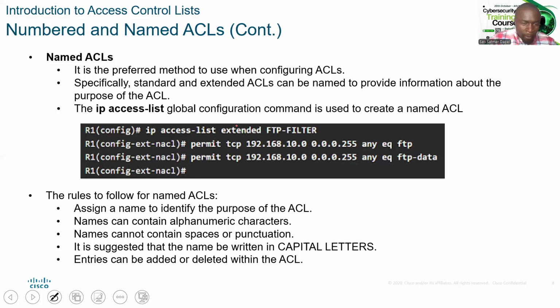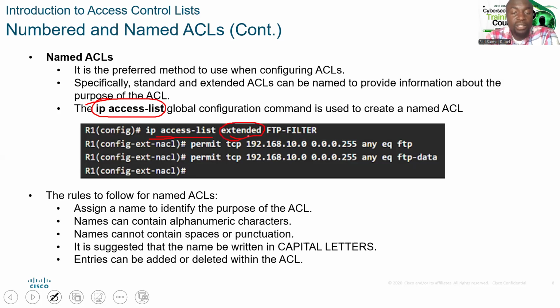For instance, it says IP. Now, when you are doing it, you have to use this. Instead of access list, you say IP access list. So IP access list, if it is standard, you write standard. If it is extended, you write extended.